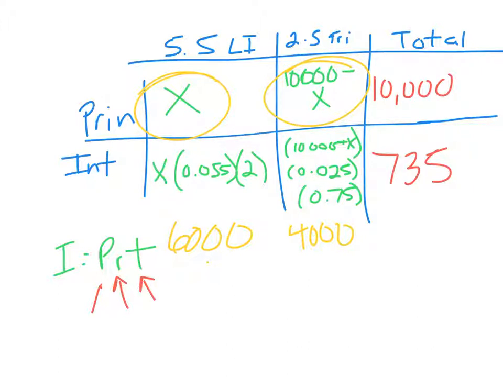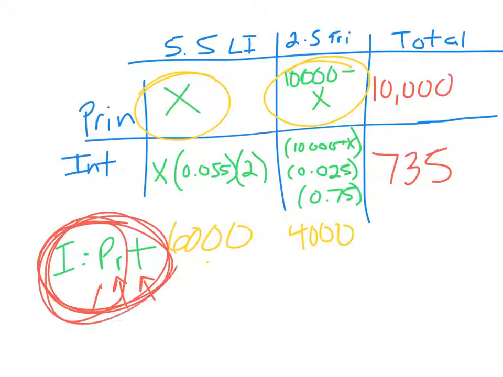So again, it was simply a matter of taking what we have, and remember our interest formula: our interest is equal to the principal times the rate times the time. But we don't know what that principal is from each lending institution, so we can just call it x. If there's a second lending institution, it's just the total minus x, and then we'll be given the total. In the second row that we put down there, we have to incorporate the interest and the amount of time. So in other words, we have to incorporate this formula in that last row.